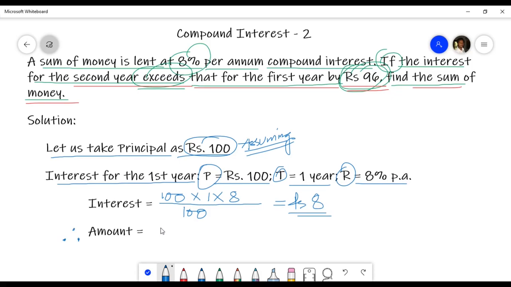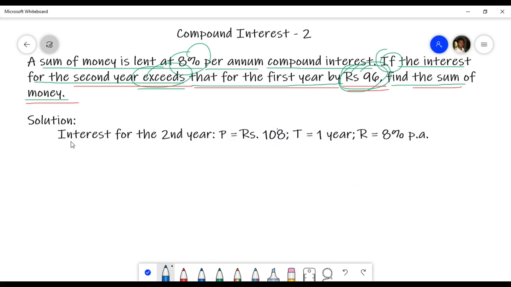So the amount will be, you know how to find the amount, right? Principal plus interest. So the amount will be rupees 100 plus 8, and that is rupees 108. So the amount at the end of the first year is rupees 108.